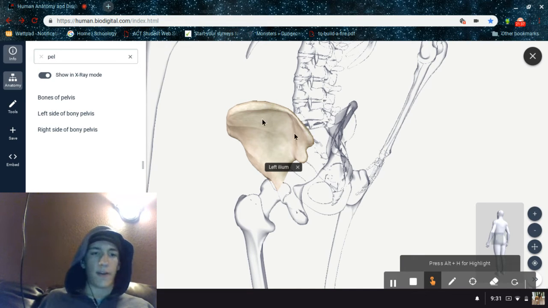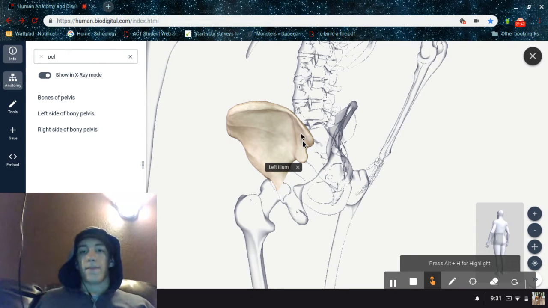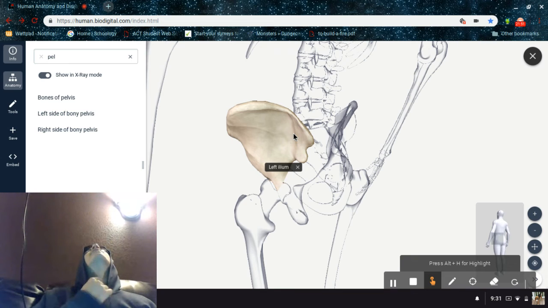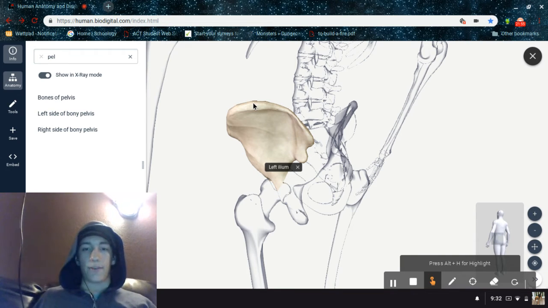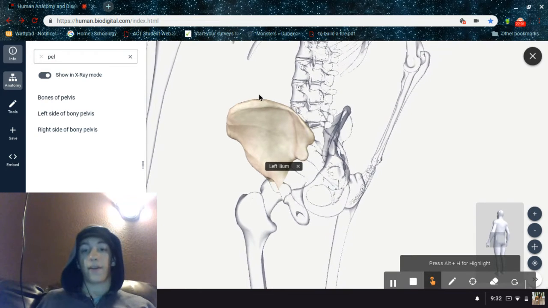This is your inferior posterior iliac spine because it's on the back, posterior, and it's the inferior, so it's lower. My hyoid bone is sore. This is your superior posterior iliac spine.